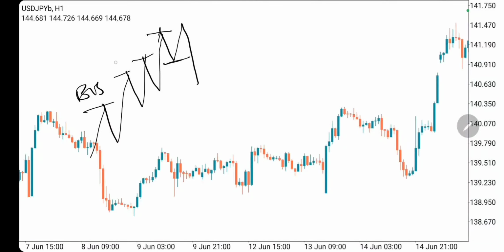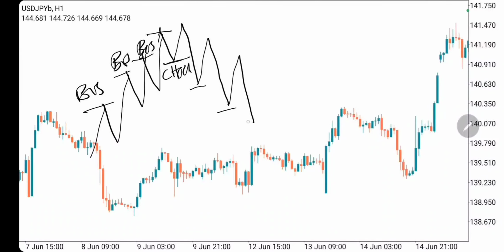This is break of structure, break of structure, break of structure. Here you have your change of character. Change of character signifies a change in trend. After you've had your change of character, you continue having your break of structure.